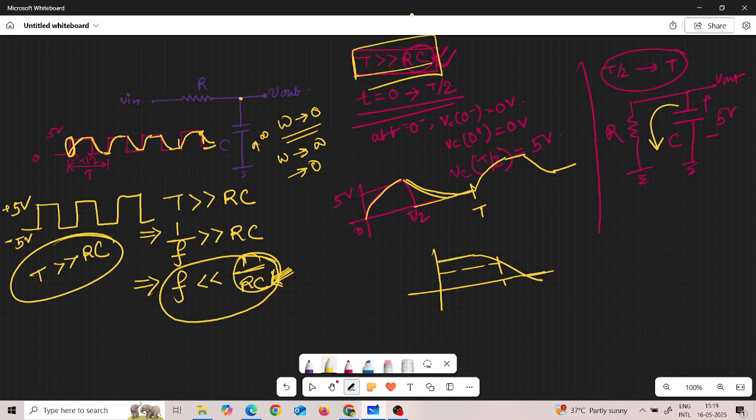This is your home task. Please let me know the answer in the comment: what will be the shape of the output waveform, and what will be the peak to peak value of the output.